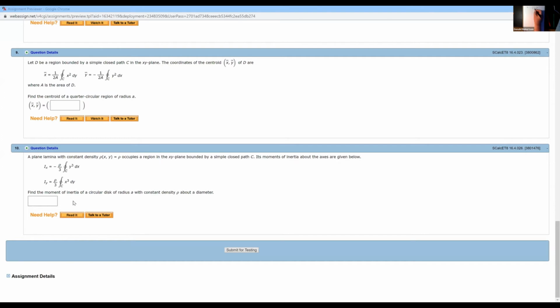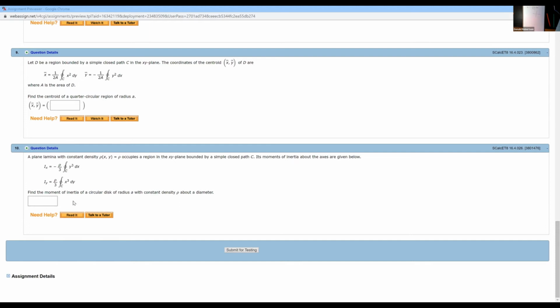What do we know about the density function? It's rho, so that's taken care of. What are we doing as a shape? It's a circular disk, which most of these darn things are. A constant density rho and about a diameter.